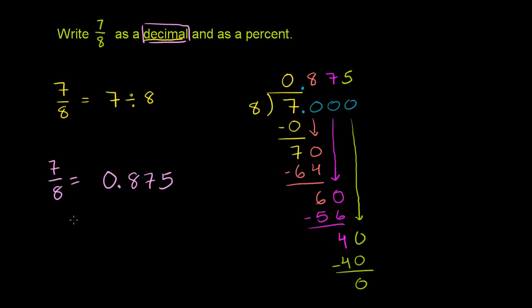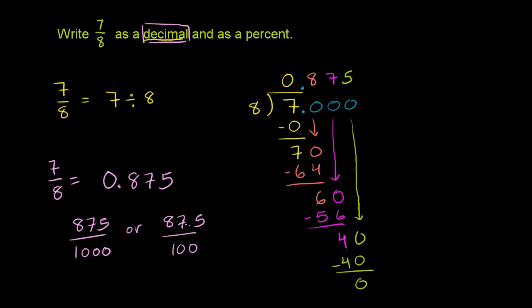You could say, well, this is the same thing as 875 over 1,000. Right? That's how we've read it in the past. This is the 1,000 spot right here. 875 over 1,000. Or you could read this as 87.5 over 100. If you just go 2 decimal places, it's 87.5 over 100. Or if you just took this and divided the numerator and the denominator by 10, you would get this.